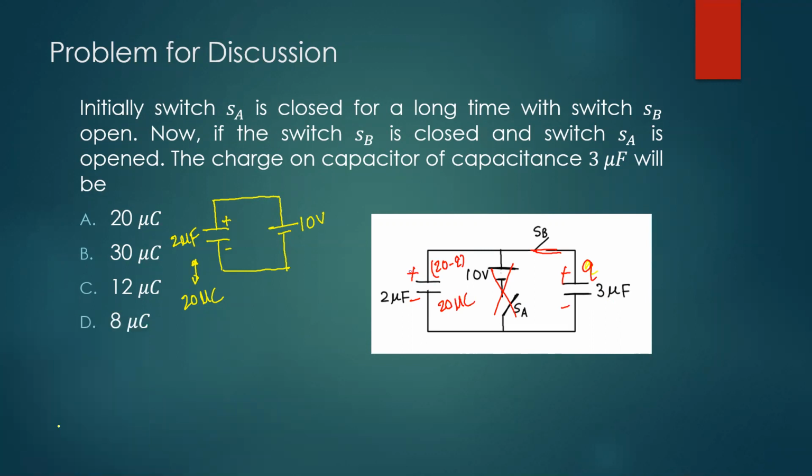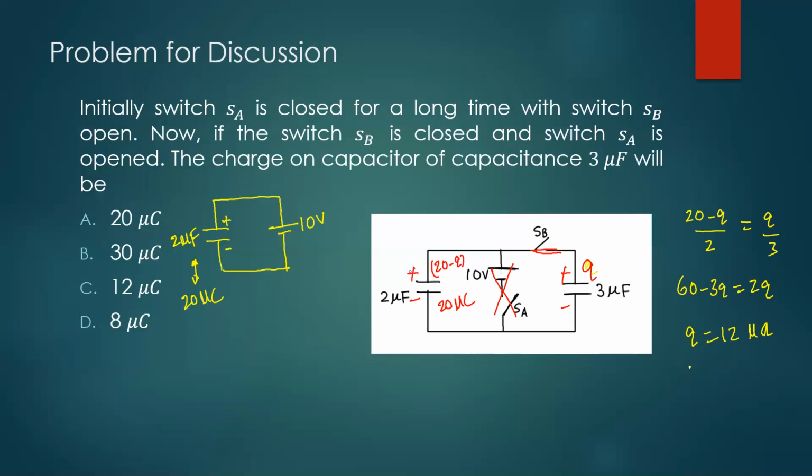If Q is CV, potential is Q by C. So I can write that as 20 minus Q by 2. For the 3 microfarad capacitor, it is Q by 3. So how much is this? This is 60 minus 3Q is 2Q. So 5Q is 60. So Q will be 12 microcoulombs.